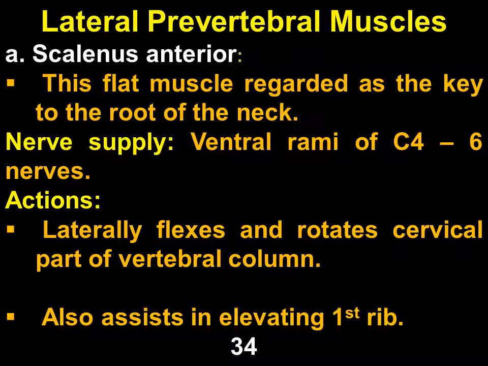Now the nerve supply is C4 to C6 ventral rami. The action is lateral flexion and rotation of the cervical part of the vertebral column. It also helps in elevation of the first rib, since it attaches to the first rib.